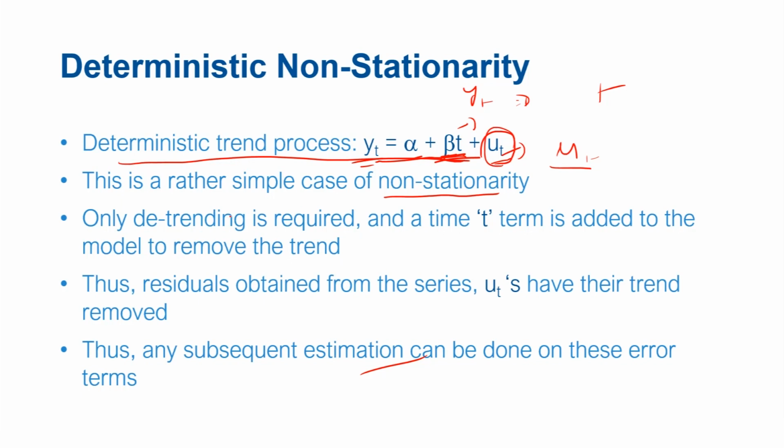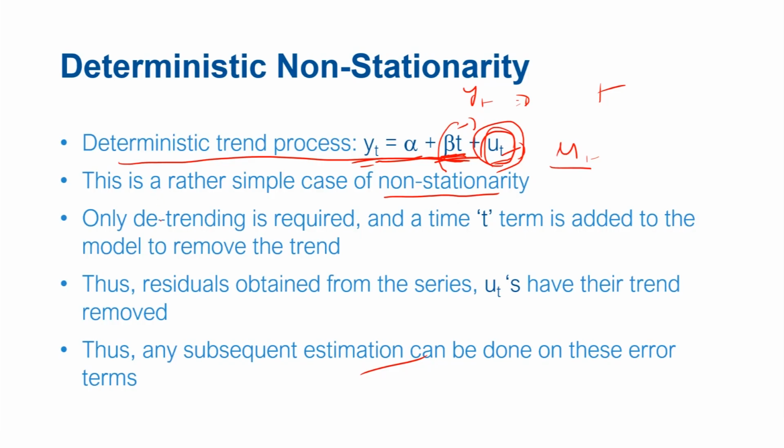To summarize, in deterministic non-stationarity, all we need to do is model out the time trend and then work on the residuals. Please remember, we have studied two kinds of non-stationarity, stochastic and deterministic.